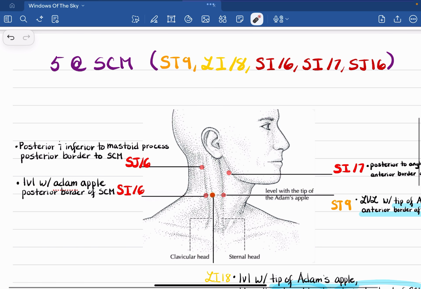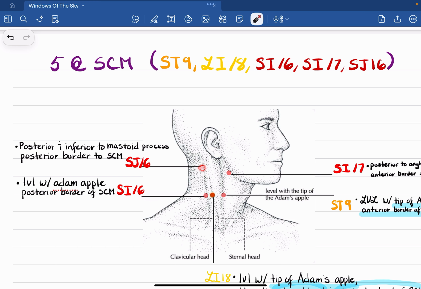So if you see here, SI16 is posterior and inferior to the mastoid process, posterior border of SCM. So we already know that this is the SCM, right? It's posterior and inferior to the mastoid process.